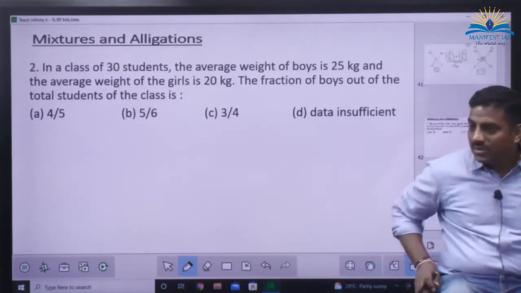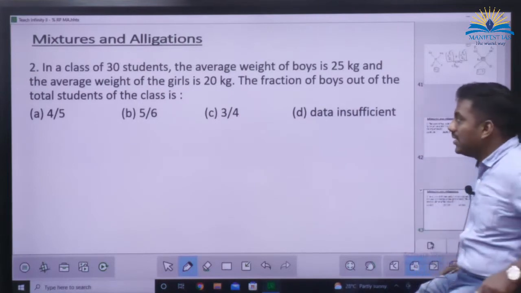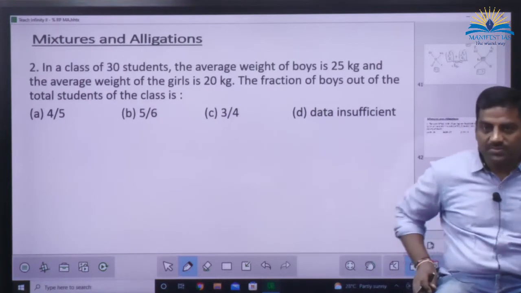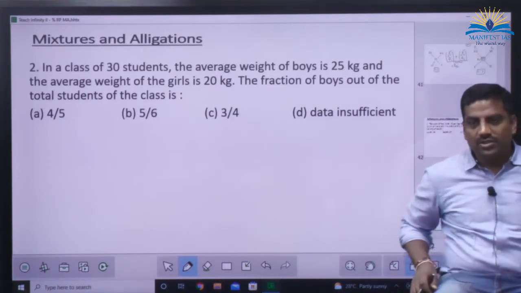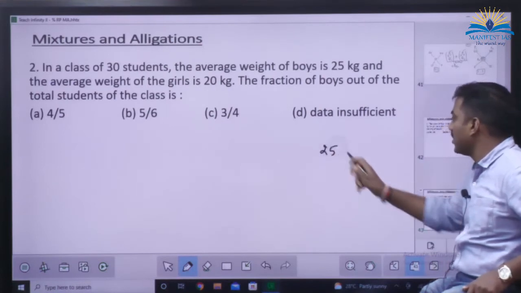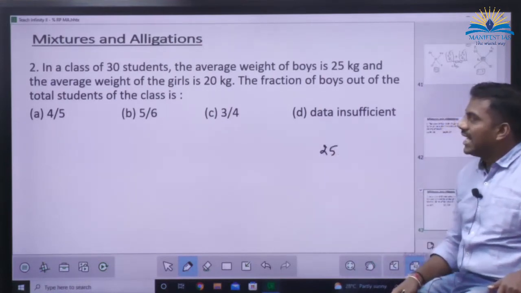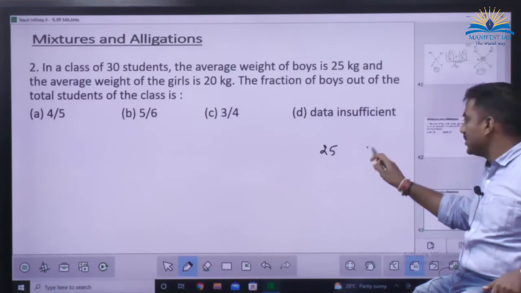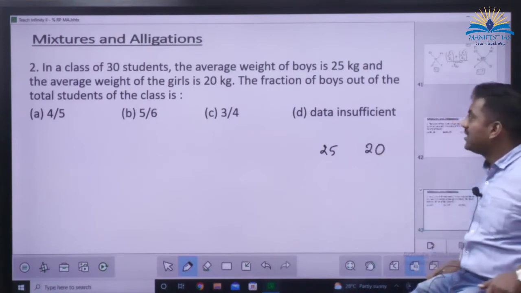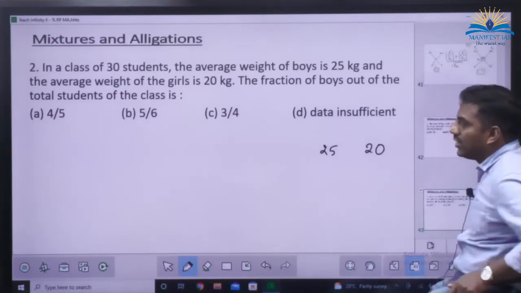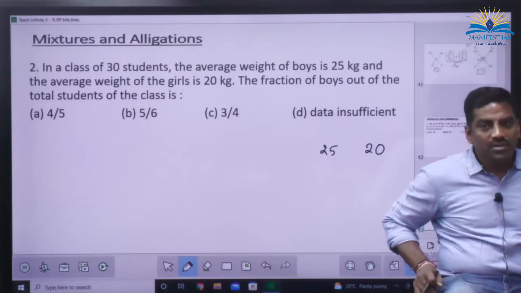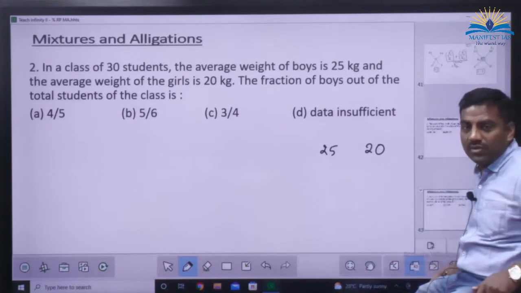In a class of 30 students, the average weight of boys is 25 kg. Then average weight of girls is 20 kg. The fraction of boys out of the total students of the class is. They are asking us the fraction of students.